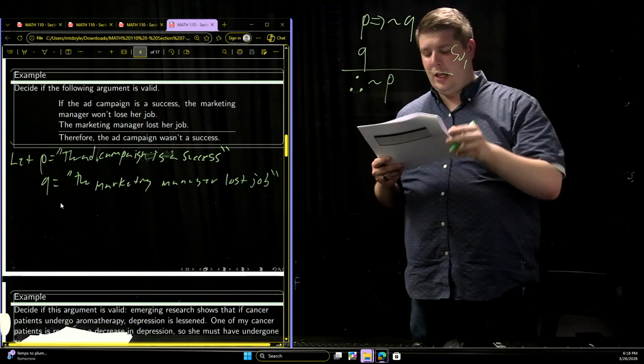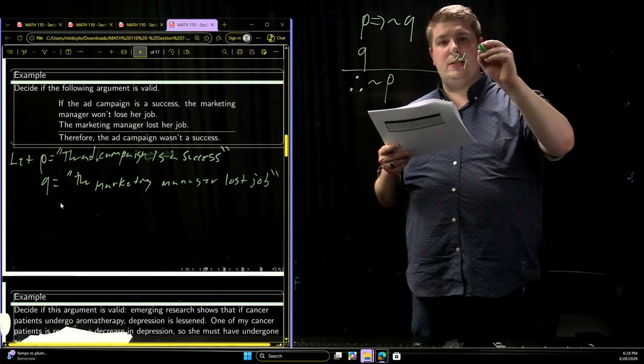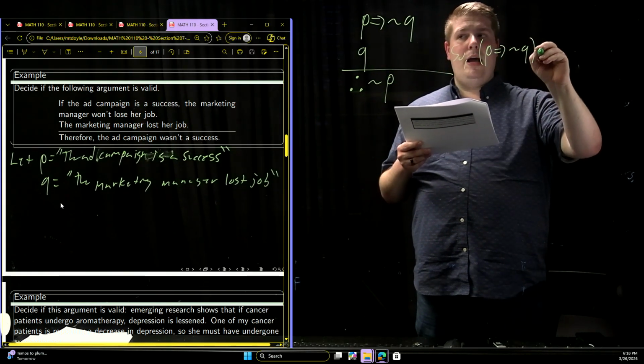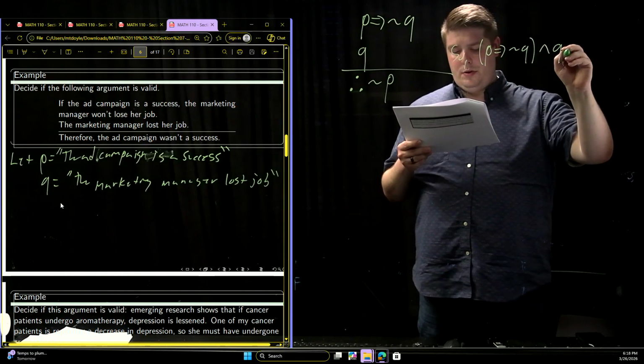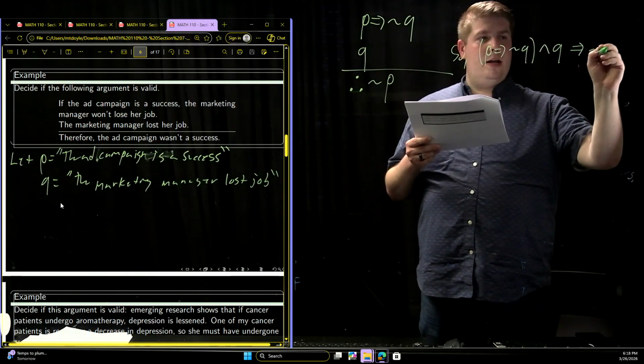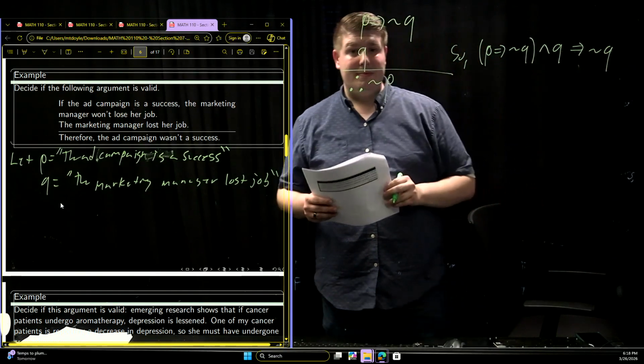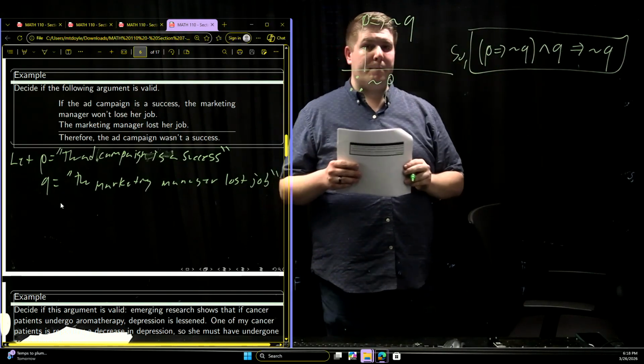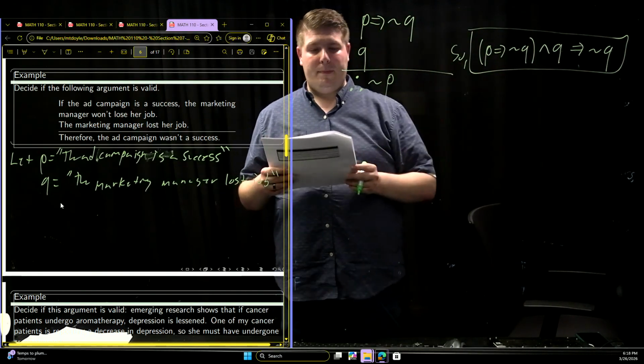So what this looks like as actual logic is P implies not Q and Q implies not P. So this is what we're making the truth table about. Okay, that's our truth table.